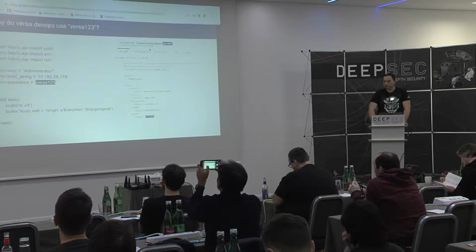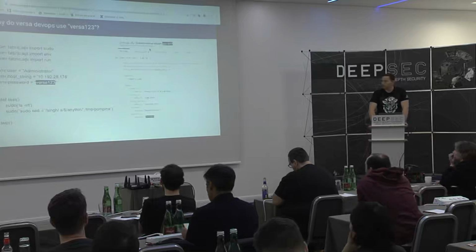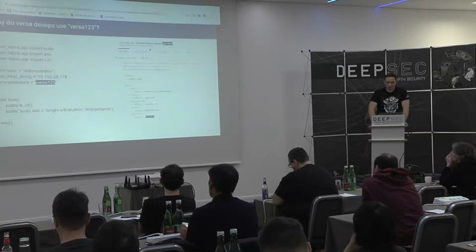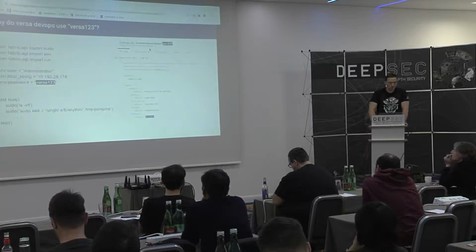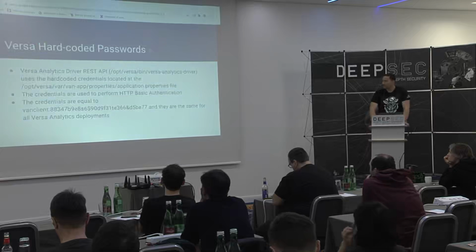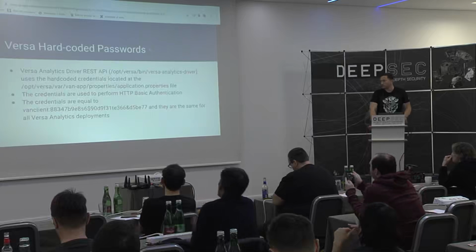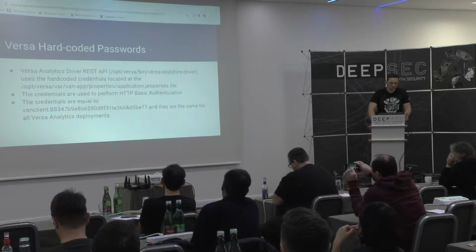And the question is why scripts contain this password, and the answer is because it is impossible to change the password in all Versa components, as you remember from the Versa ZTP case. The next Versa component is the Versa Analytics Driver REST API. It also uses HTTP basic hard-coded credentials.